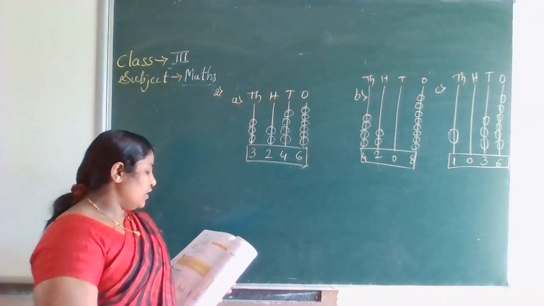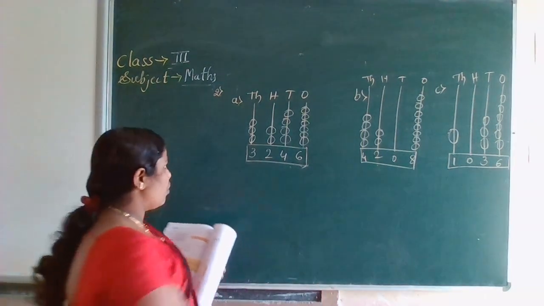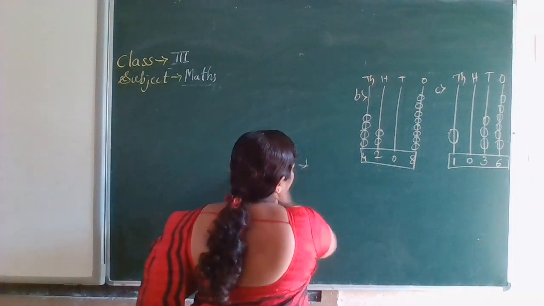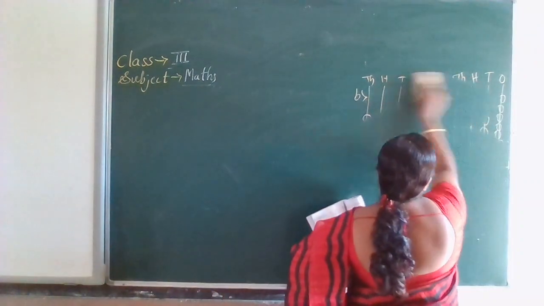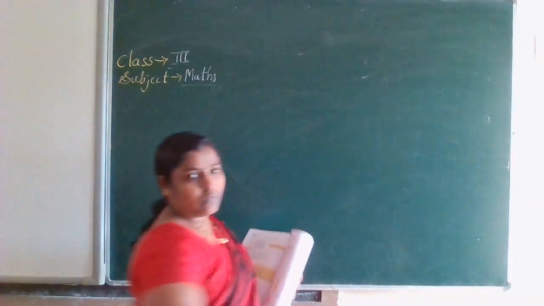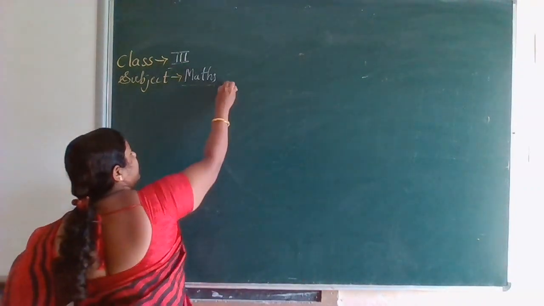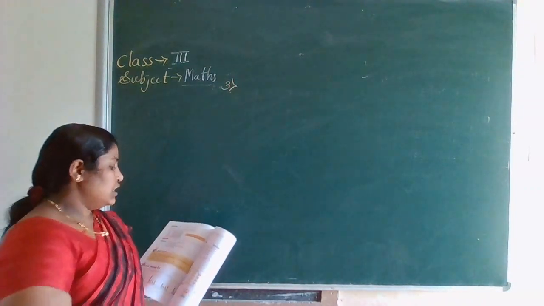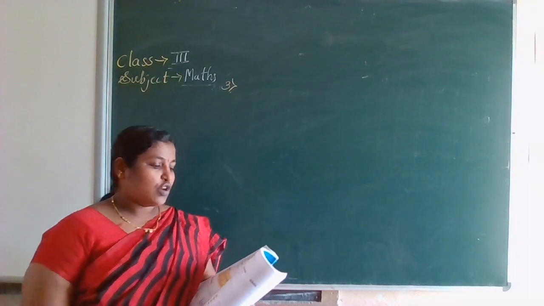And next, write the numerals for each of the following. They have given number names. We have to write the numeral for that. Okay. Question number 3. Write numerals for each of the following.